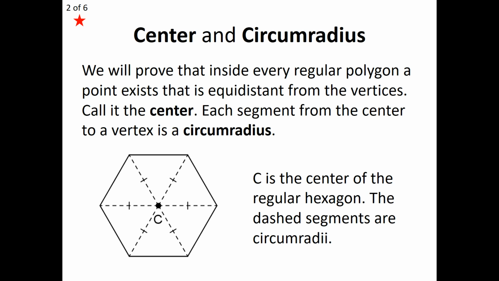So as it turns out, the center of our circle is the same point as the center of our regular polygon. Of course, we need to show that this point is equidistant, so you'll see part of the homework assignment is to show these segments, the circumradii, to be of equal length.